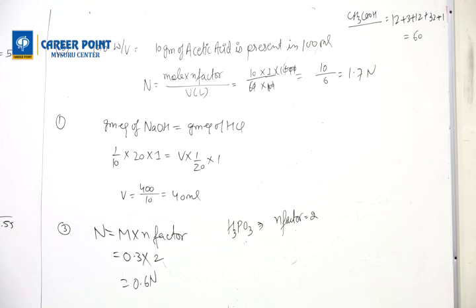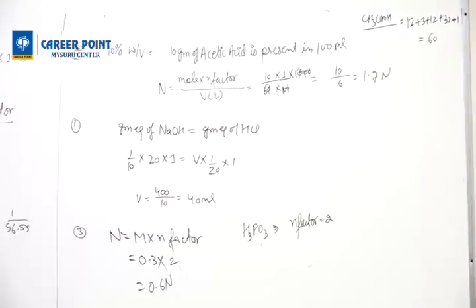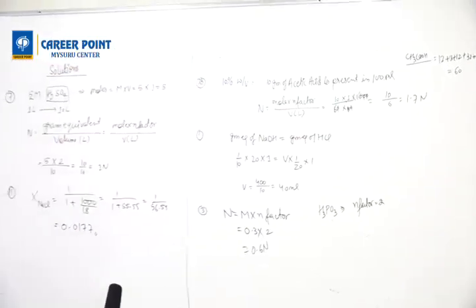Then question number 30. We'll see question number 30 now. What is the molarity of H2SO4 that has a density of 1.84 gram per cubic centimeter at 35 degrees Celsius and contains 98% by weight? Okay. So where can I solve this?